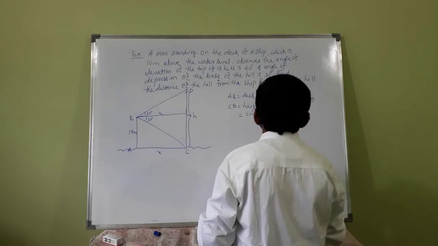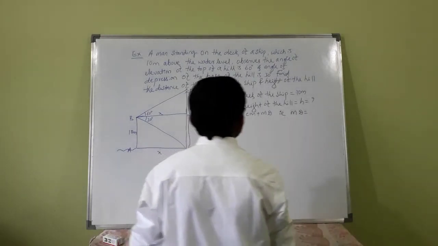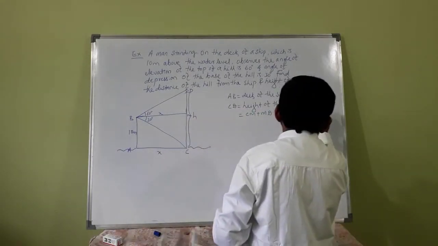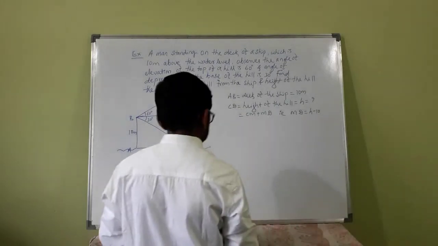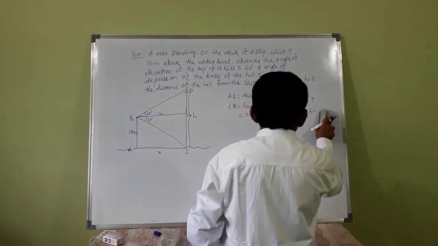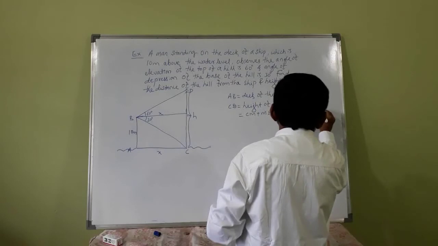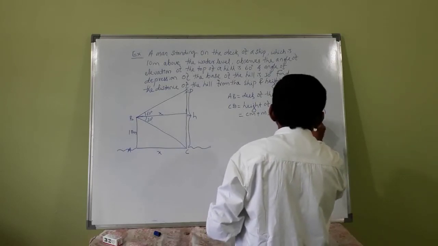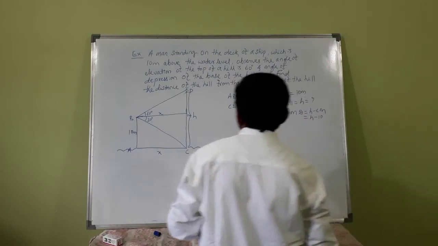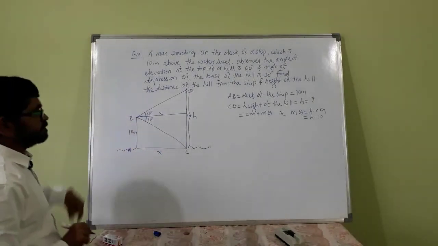MD is equal to H minus CM, and that CM is nothing but AB.